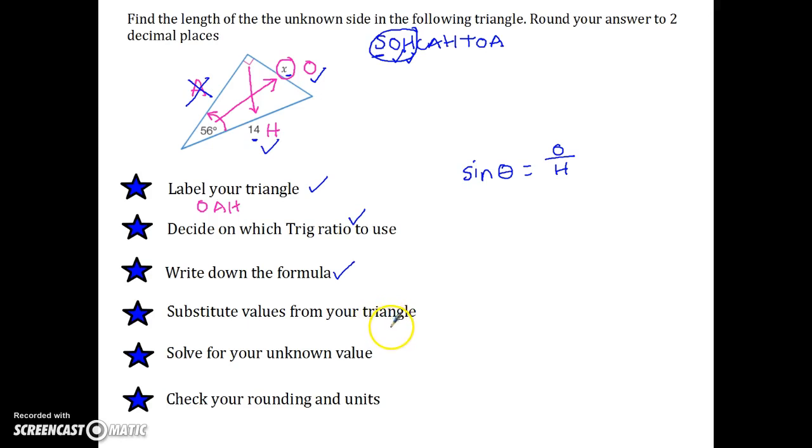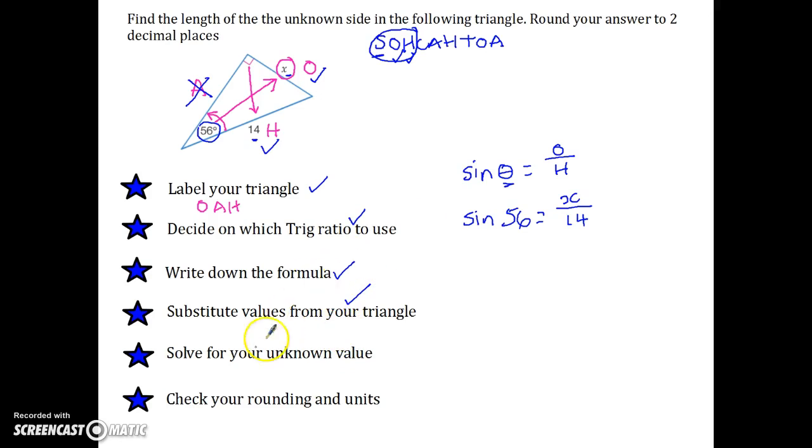We're basically going to fill in all of these unknowns with values that are associated with our triangle here. So sine, now this theta, as I said before, is always the angle. The angle in our triangle is 56, so we put 56 in there, equals opposite. What did we have on the opposite side? That was our x, over the hypotenuse. On the hypotenuse we had 14, so we put that in there. Substitute values for our triangle.